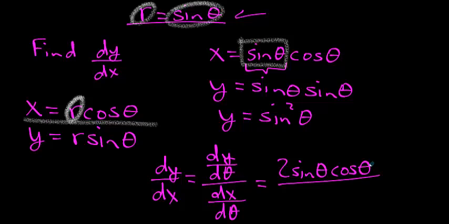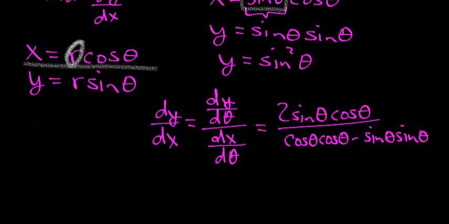The derivative of sine is cosine. Plus, the derivative of cosine is negative sine, so this is this one, right? Everybody see that? Did I do that right? I just used the product rule.